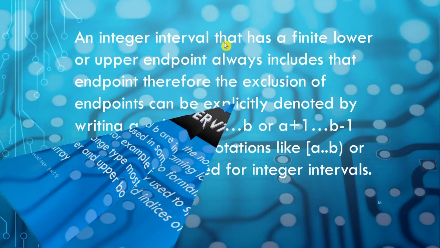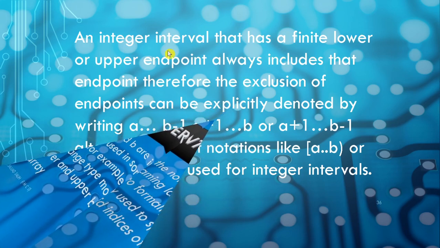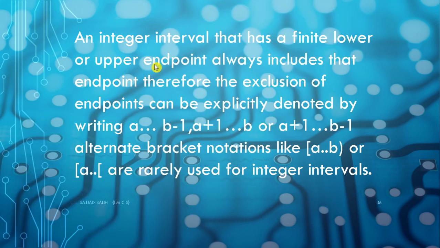An integer interval that has a finite lower or upper endpoint always includes that endpoint. Therefore, the exclusion of endpoints can be explicitly denoted by writing a..b minus 1, a plus 1..b, or a plus 1..b minus 1.